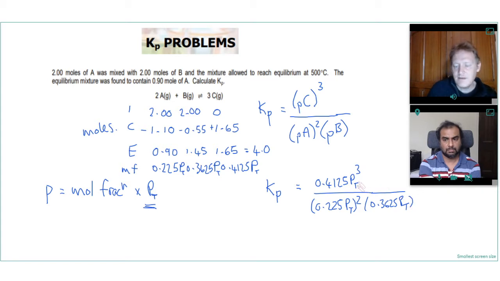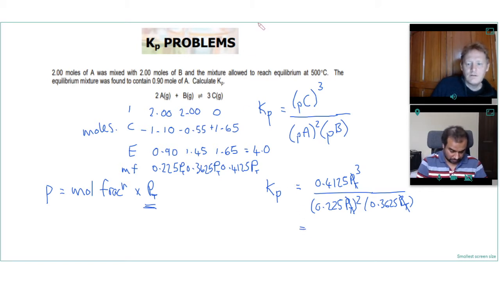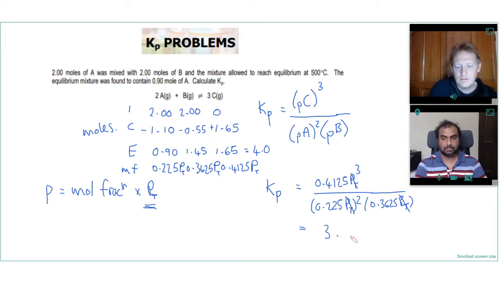And we can see there we've got PT cubed on the top and PT squared and PT on the bottom. So on the bottom we've got PT cubed, and on the top we've got PT cubed, so we can cancel the PTs. And then if we put that, that should come out at 3.8 to two significant figures.